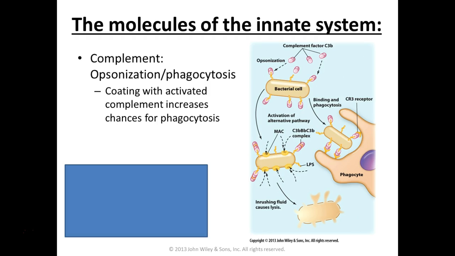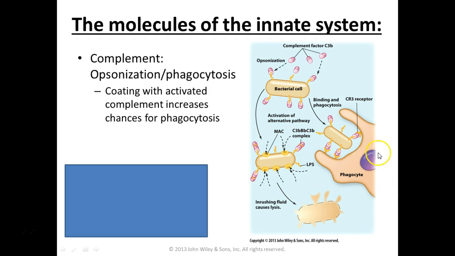So here's a diagram showing basically the alternative pathway, right? Because what's happening first? C3b is binding to the bacterial cell. That is going to help, right, with the MAC complex, because we're going to eventually go down the rest of the cascade and maybe form that.